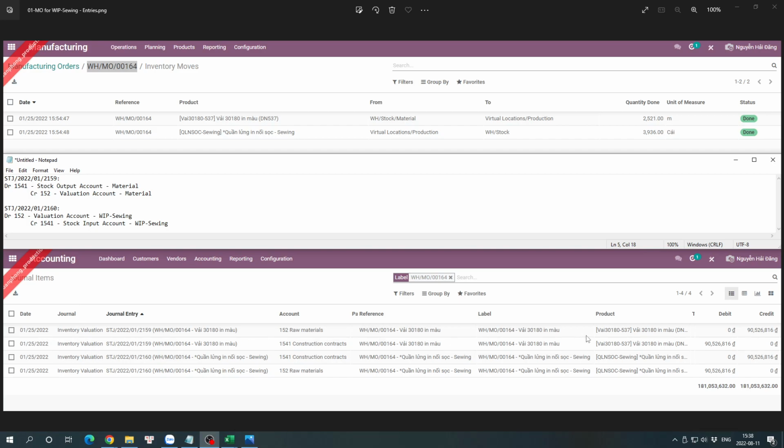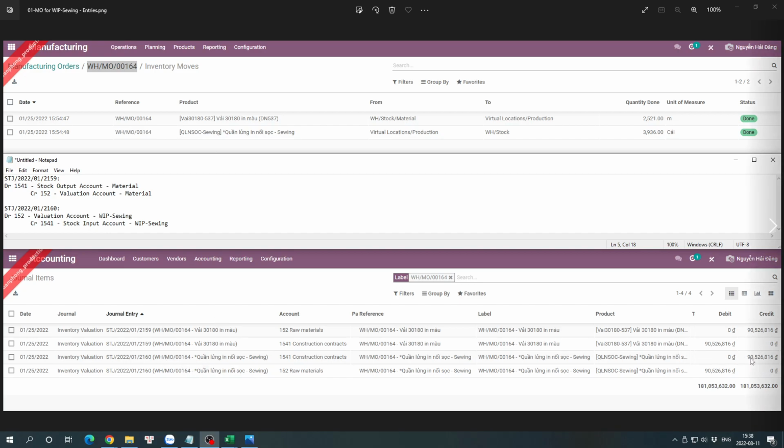You see 90.5 million VND of raw material was credited, which means reduced. For an asset, if it's credited, it's reduced. And 1541, which is just an intermediary account, it could be called work in progress, but here it's called construction contracts, doesn't matter, it's debited. Okay, so that's the first inventory move. For the second inventory move, creating the output, you got these two lines right here.